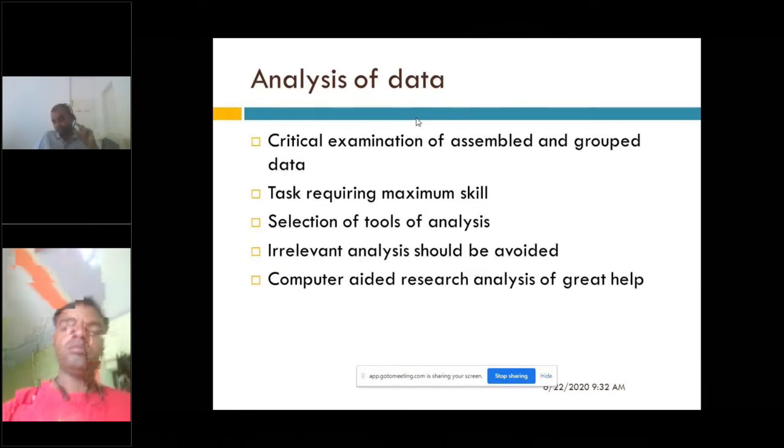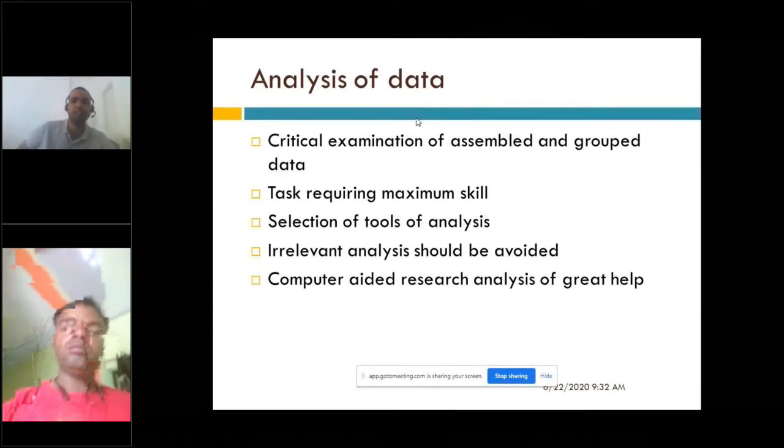Because if any particular technique you are going to use and your questionnaire had no questions for that type of analysis, at this stage you can't do anything because you have done field work already. So before field work, your questionnaire or schedule should be up to mark so that we can facilitate analysis.